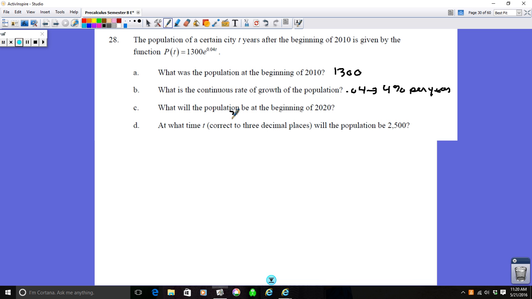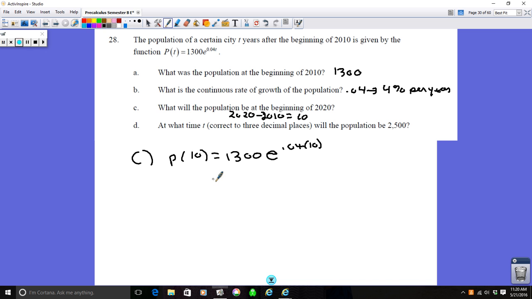2020 is 10 years after 2010. So for letter C here, we're going to plug in 10 years. We're going to find P of 10. So 1300 times e to the 0.04 times 10.